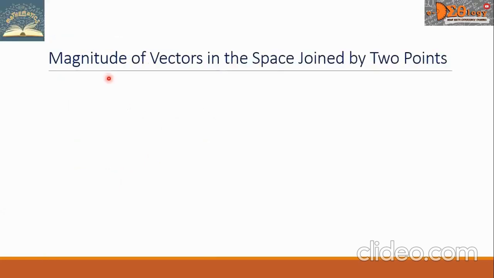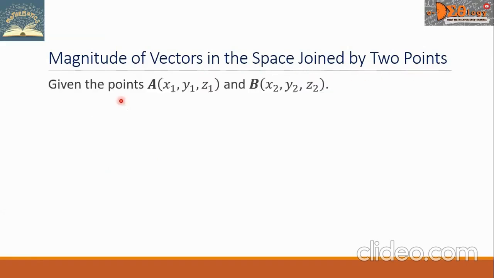Now let us go to magnitude of vectors in the space joined by 2 points. Given the points A (x sub 1, y sub 1, z sub 1) and point B (x sub 2, y sub 2, z sub 2). The magnitude or length is given by this notation.